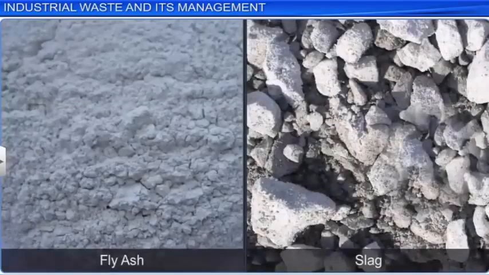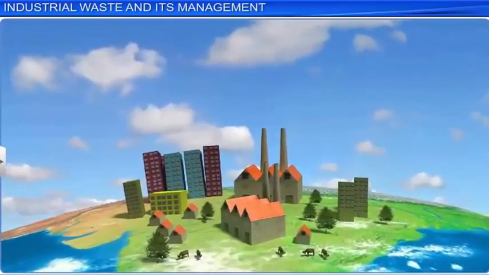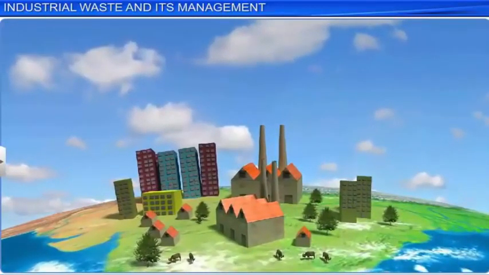Another example is the use of fly ash and slag from the power industry and steel industry by the cement industry. Such measures reduce pollution by controlling waste and is known as waste management.